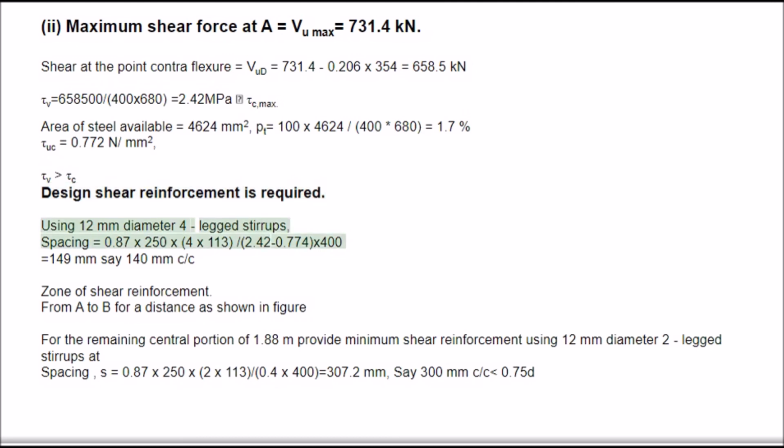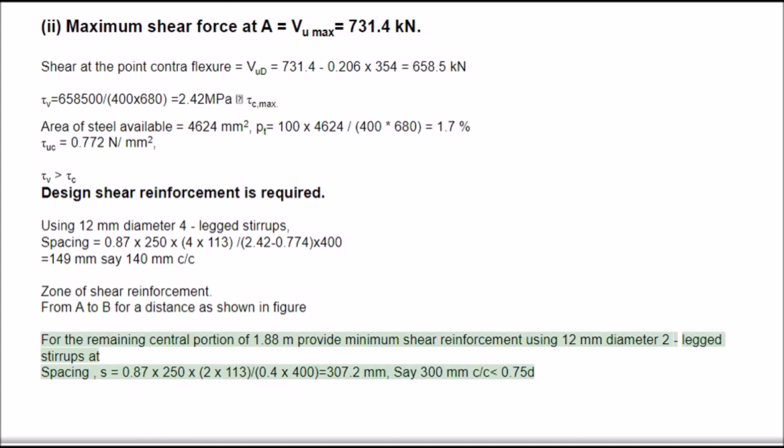Using 12 mm diameter 4-legged stirrups, spacing equals 0.87 x 250 x 4 x 113/((2.42 - 0.774) x 400) equals 149 mm, say 140 mm c/c. Zone of shear reinforcement from A to B for a distance as shown in figure.